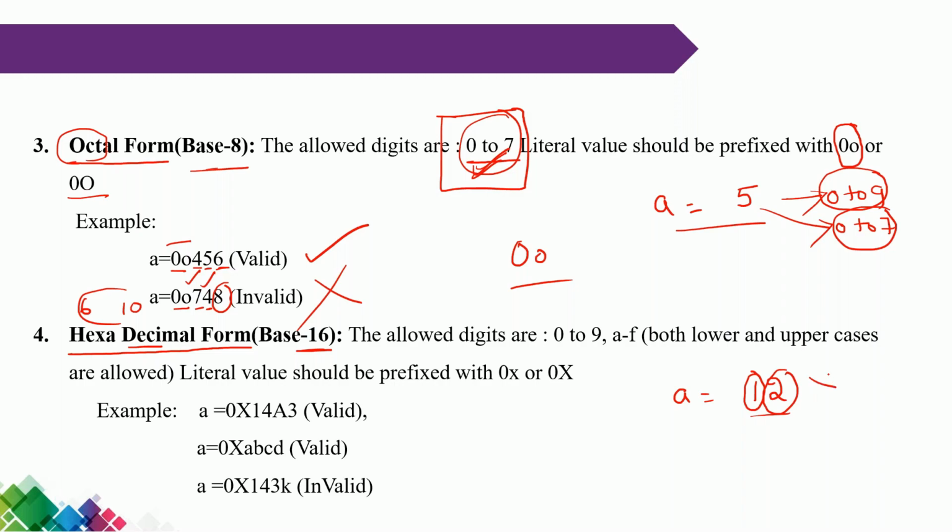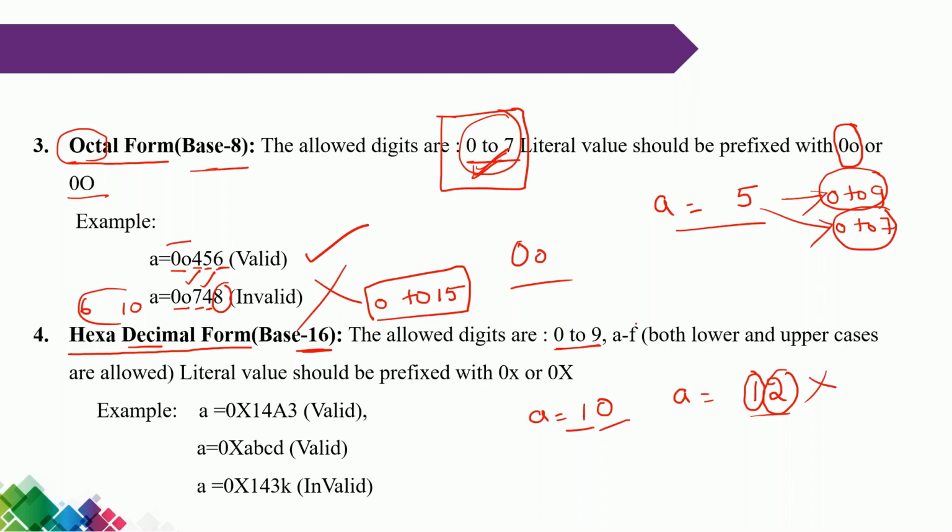It is not considered as a single 12. But 16 means we require a total of 0 to 15 numbers. So 0 to 9 is fine. For example, my value is equal to 10. So it is 1 as separate, 0 as separate.